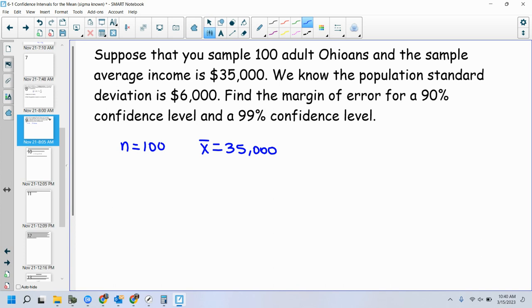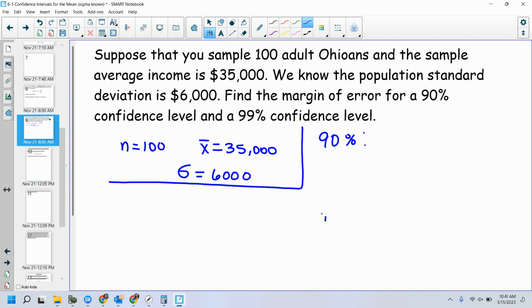What is sigma? 6,000. Now we're going to use all those, but now what we're going to do is find the 90% confidence interval, and then run those exact same values for the 99% confidence interval.